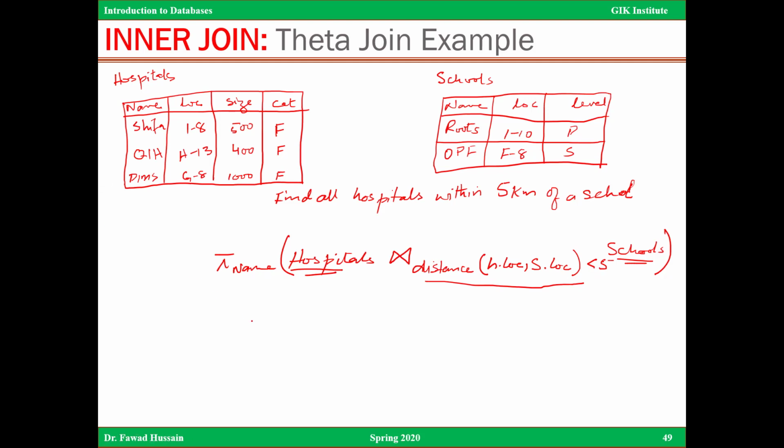If I were to write an SQL query for that, this would be: select distinct h dot name. Well, we'll assume they are all small cases, so I'm not going to bother with the capital because it's hard enough to write with this.